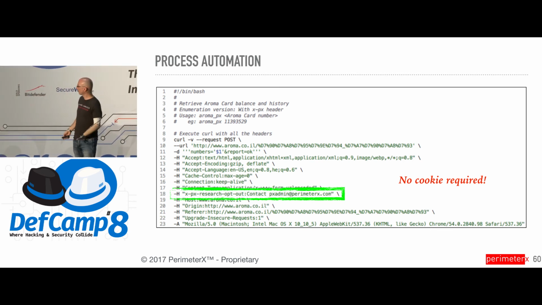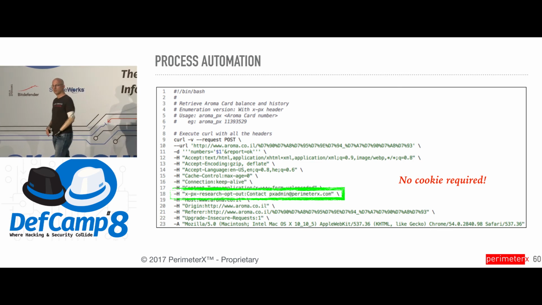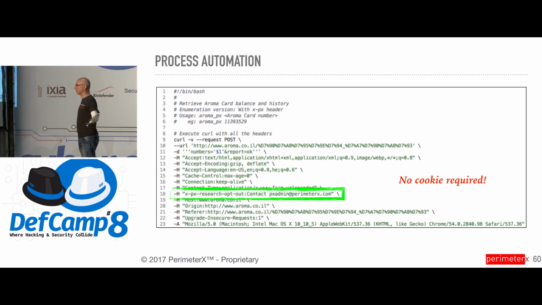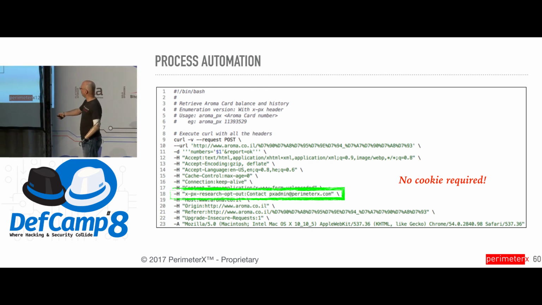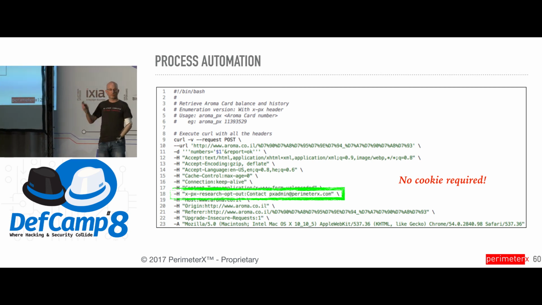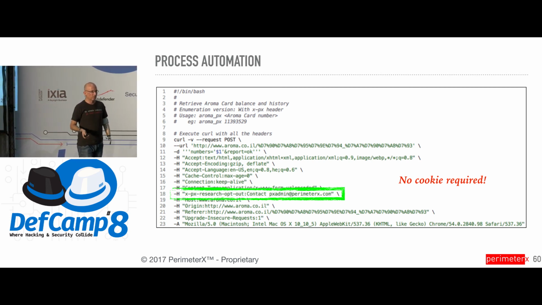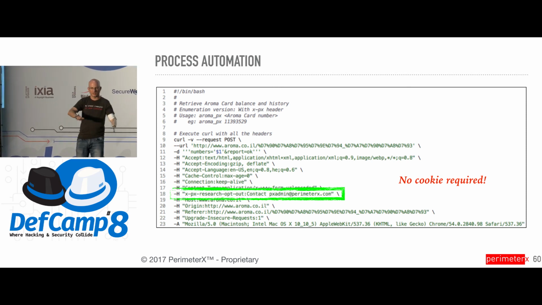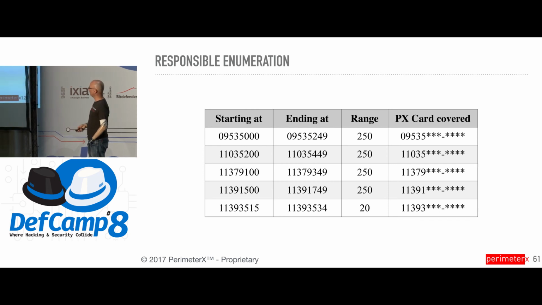We bought a bunch of cards, and we decided that in order to not crash the servers, we're not going to enumerate on all the card range. We just made 4 groups of 250 that each had our card inside somewhere, and another group of 20. So altogether, we only enumerated on 1,020 cards, which is nothing. You do it slow, you don't strain the server, it proves the same point, really. You don't need to enumerate on everything.